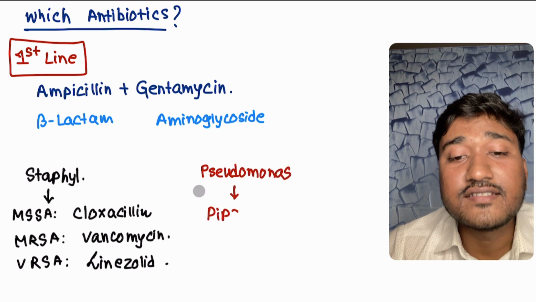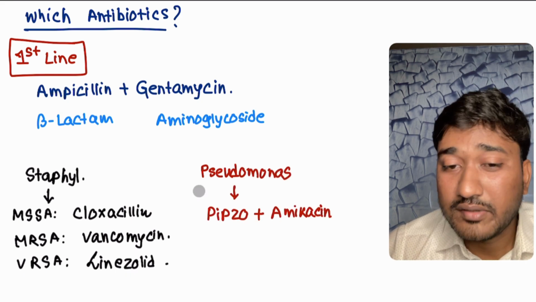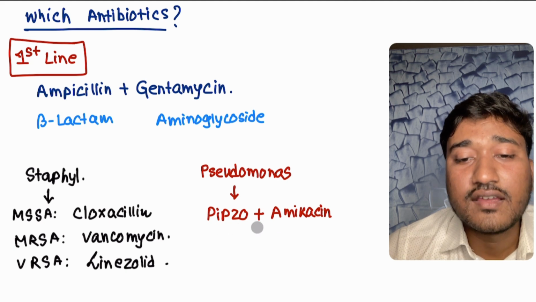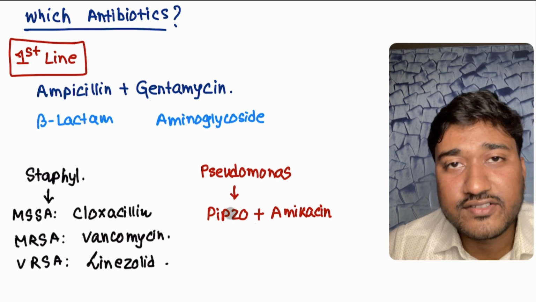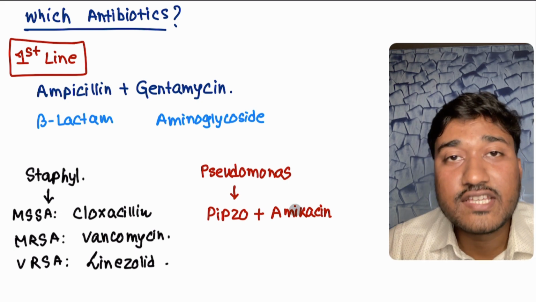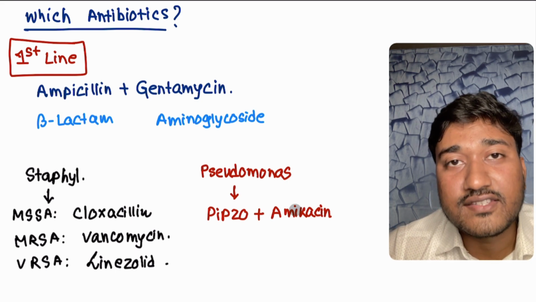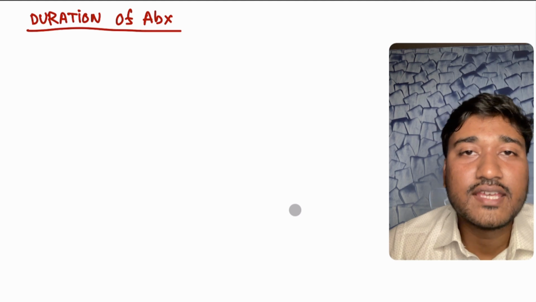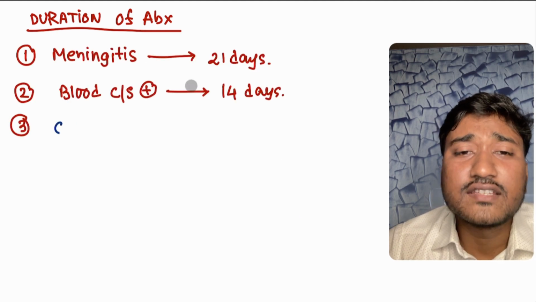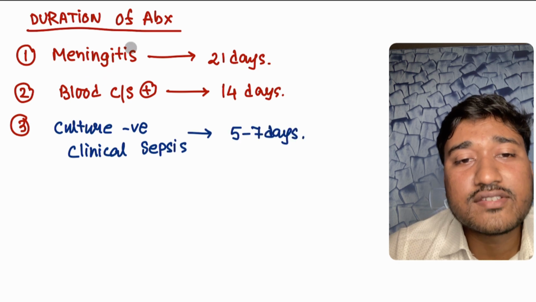In case of pan-resistant pseudomonas, we give the first line antibiotics as pipzo and amika, that is piperacillin tazobactam as well as amikacin. Of course, we will change the antibiotic depending upon the culture sensitivity pattern if there is no response within 48 hours.